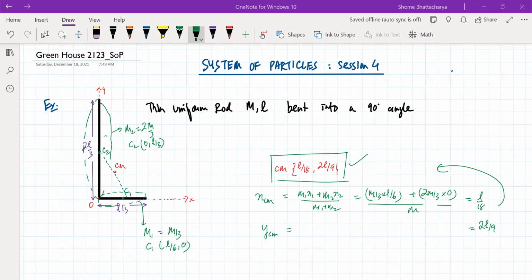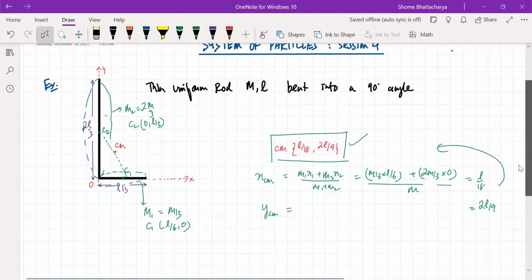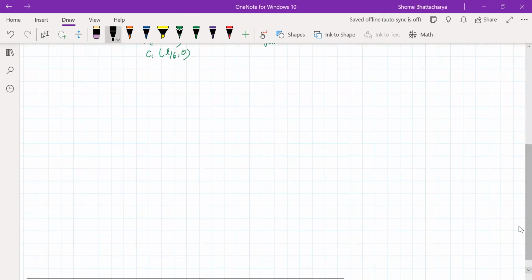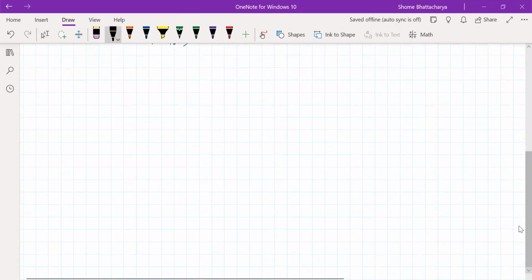Now, next we will move on to understand how to calculate the position of the center of mass if it's a rigid body or continuous mass distribution which is not symmetrical or not isotropic. So we cannot find it by just finding the position of the centroid.